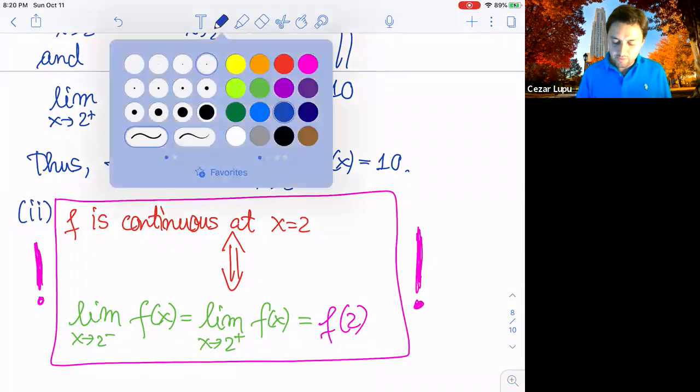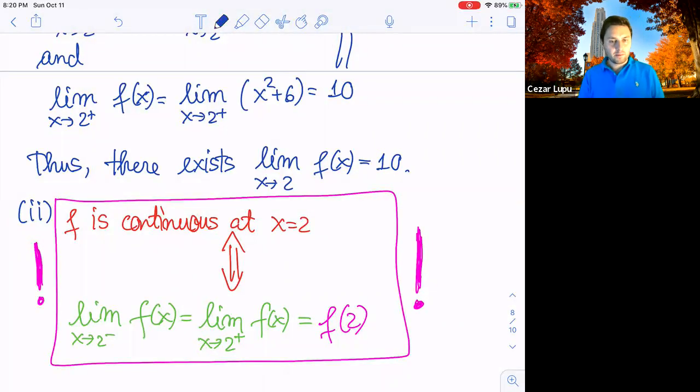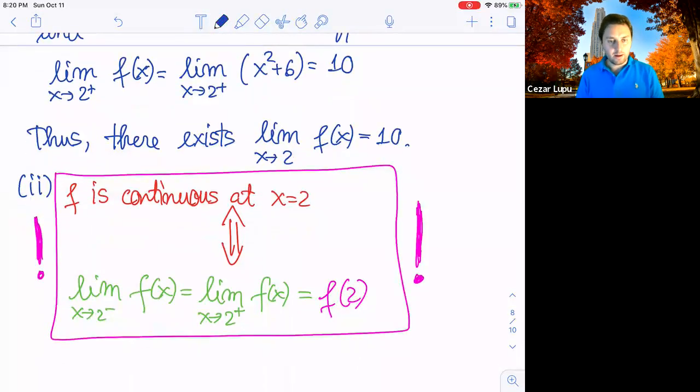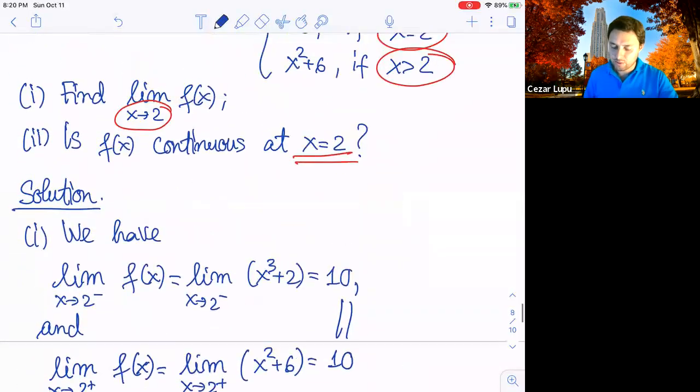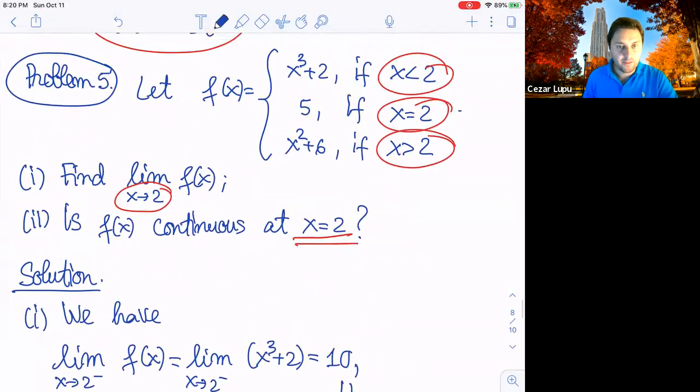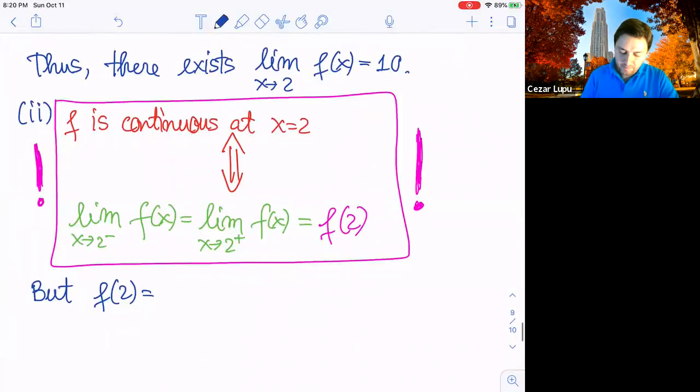But now we have seen from the previous part that the left-hand limit and the right-hand limit both agree, and moreover they're equal to 10. But now we're left to compute the value of f of 2. So f of 2 is what? Let's see what happens at x equals 2. Well, look, it's 5. And 5 is not 10.